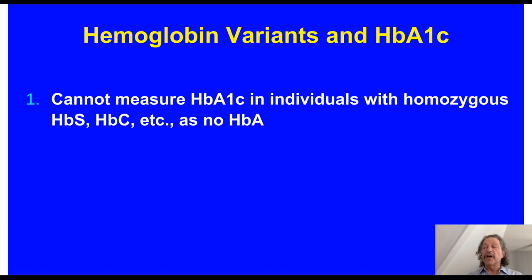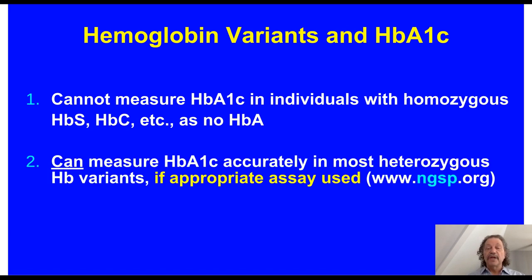And so there's no hemoglobin A, obviously there's no hemoglobin A1c. However, one can measure hemoglobin A1c accurately in most heterozygous hemoglobin variants if you use the appropriate assay. And how do you find the appropriate assay? How do you choose? We can get all of that information from the NGSP website.